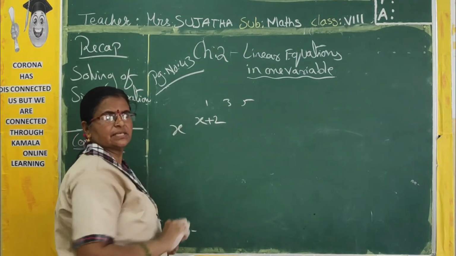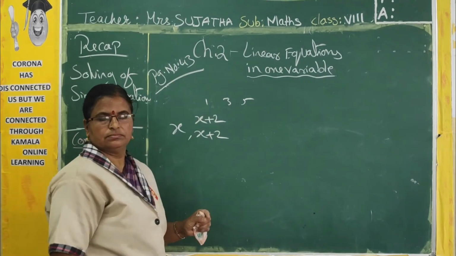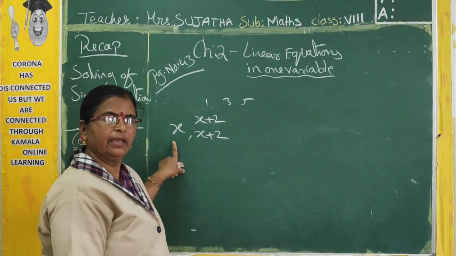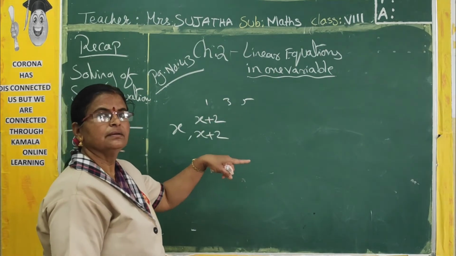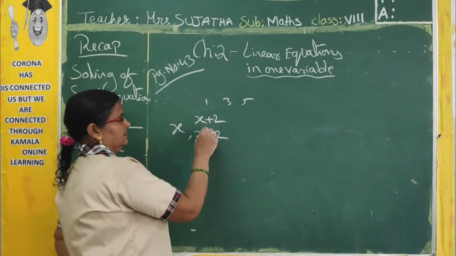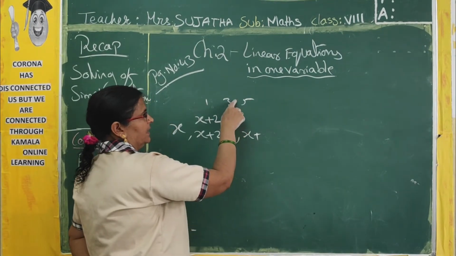First number is x. Second number will be x plus 2. Next one, x plus 4, again plus 2.